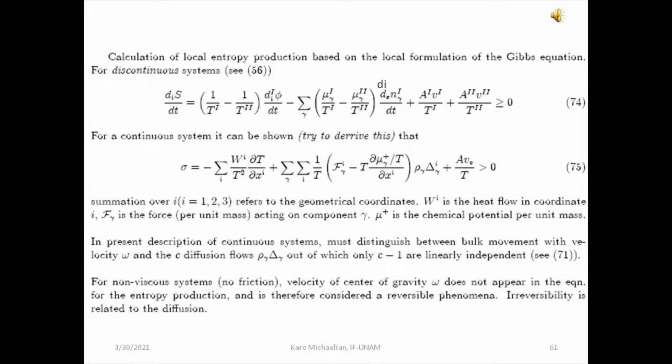And the system 1 plus 2 is closed as a whole, so we only allow a flow of energy over the boundary of the complete system 1 plus 2, but we don't allow flow of matter over the whole system. So now if you remember, this is the form that we derived for the entropy production for this system. And you can go back to equation 56 to see that.